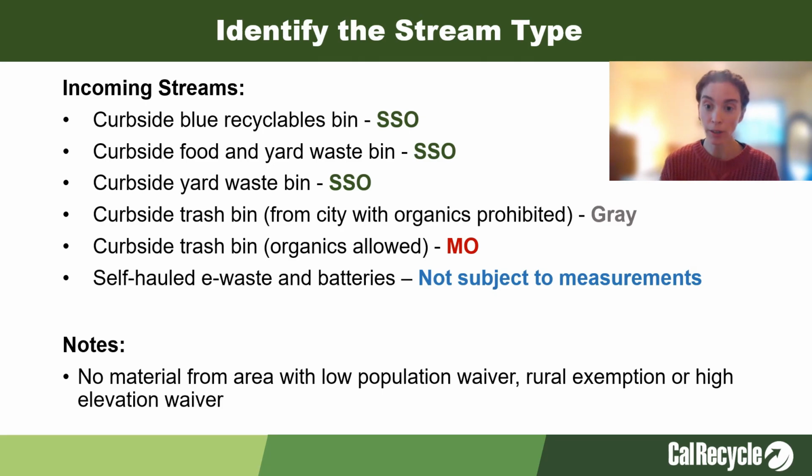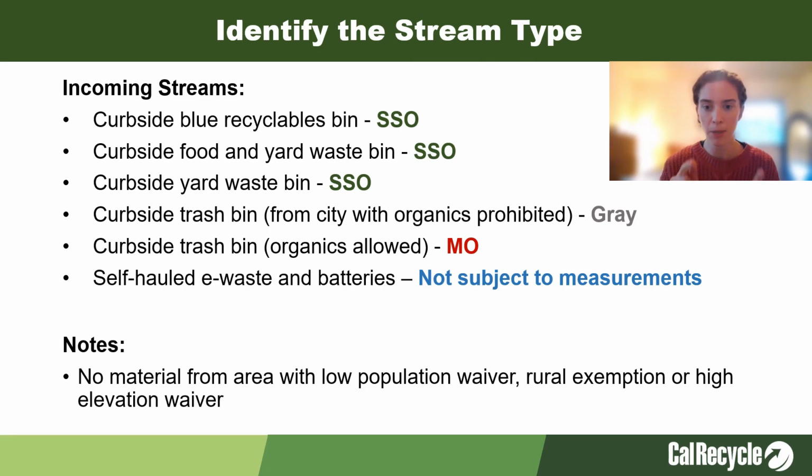It can still be measured if the facility chooses to do so, which could happen in the scenario that it's too difficult to really discern what comes from an area with that low pop waiver or exemption, if pickup routes are crisscrossing between areas with the waiver and without, or if the amount of waste that's collected from areas with that waiver or exemption is so small.